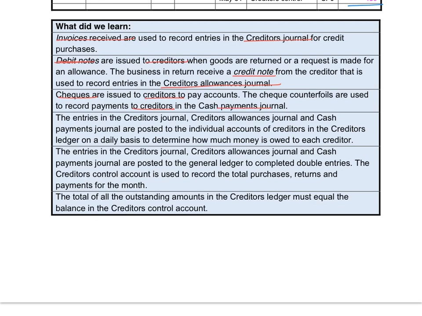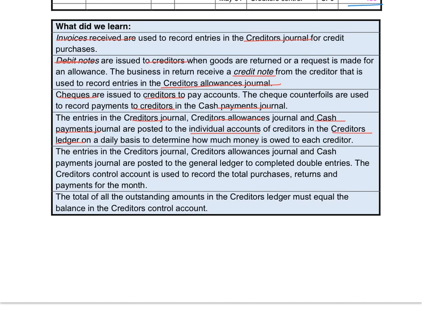The entries in the creditors journal, creditors allowances journal, and cash payments journal are posted to the individual accounts of the creditors in the creditors ledger. And this is done on a daily basis so that you can see every day how much money you owe to the individual creditors and how long you owe the money.